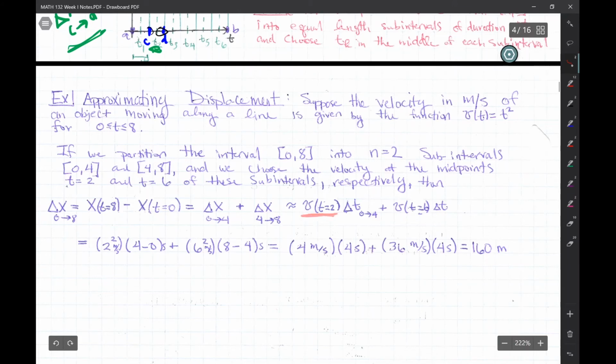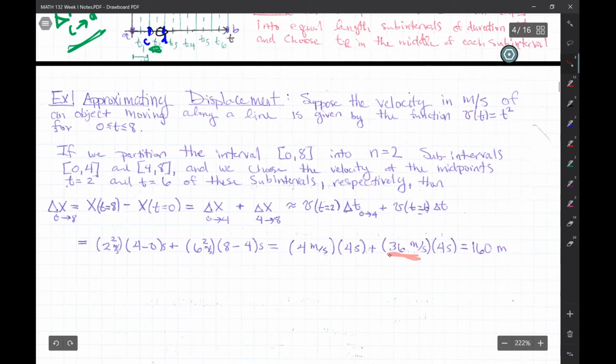So what's the velocity at time equals 2? Well, we have the function. It's t squared, so it's 2 squared meters per second, so 4 meters per second. And the change in time is 4 minus 0, so 4 seconds. And what about the velocity at t equals 6? Well, 6 squared is 36.